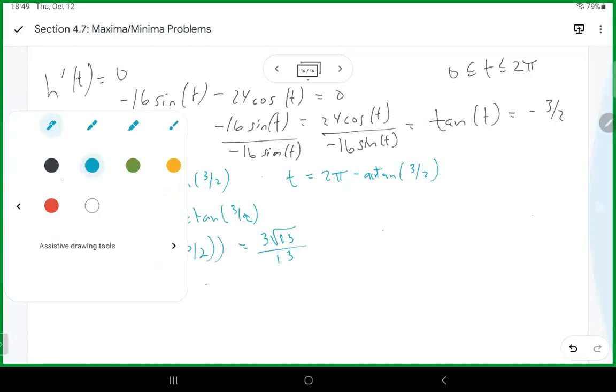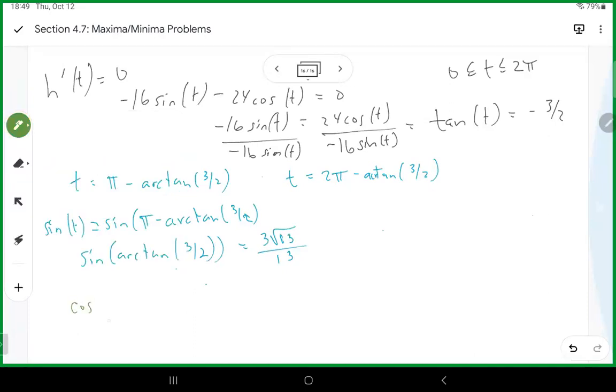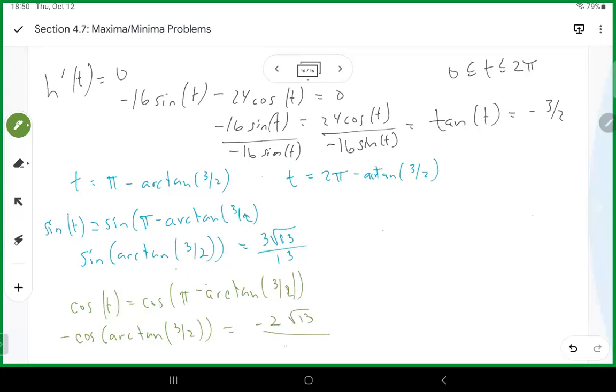And then now you need to do the cosine. Okay.